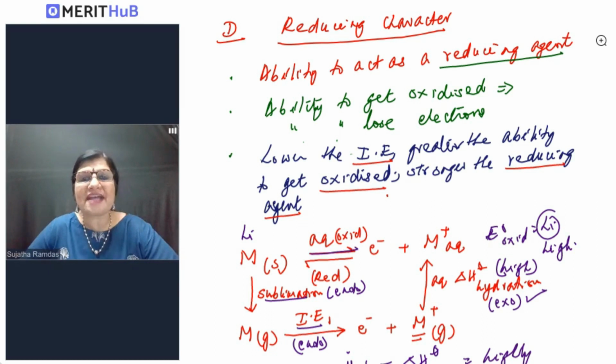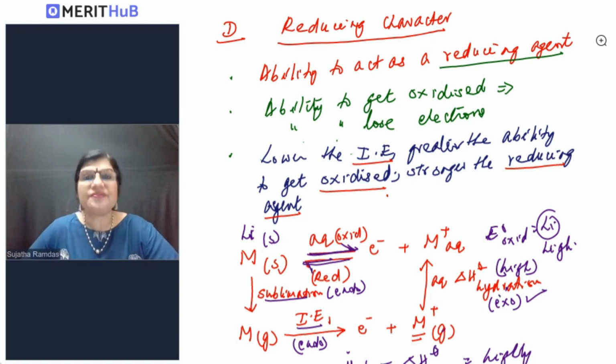If the forward reaction is high, the backward reaction will be low. Forward is oxidation, so the oxidation potential of solid lithium is very high once lithium enters into a reaction in aqueous medium, all because of the high hydration enthalpy of the lithium ion.